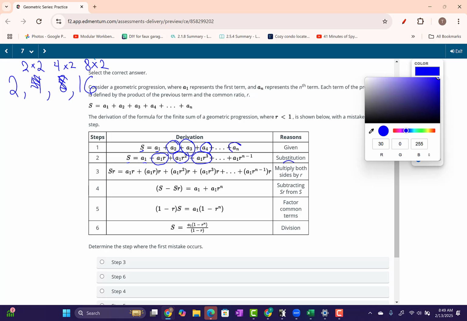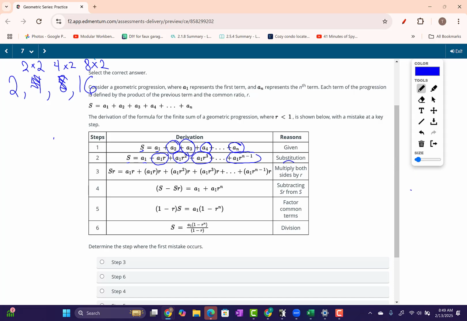And then finally, some unknown term is being multiplied by the first term times the common ratio to the n minus 1 power. So we're just taking whatever the term is and multiplying it by the common ratio 1 time less than whatever that is. It's a little tough to wrap your brain around at first, but it'll come together. So step 2 looks okay.